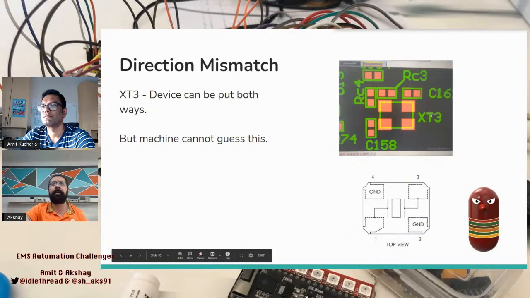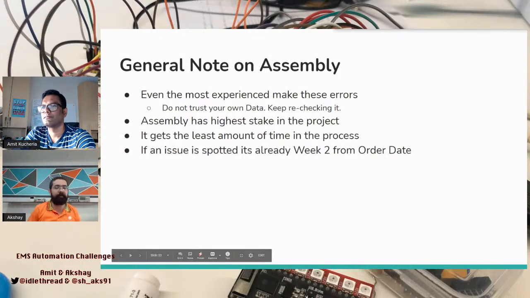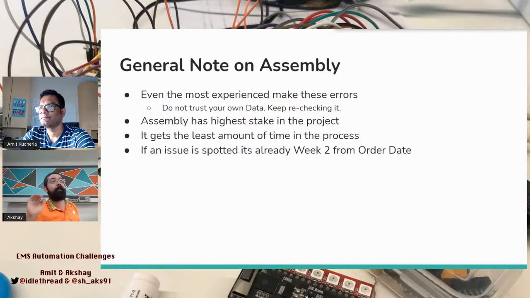So let's just move on to some general notes about assembly. Everyone, and I mean everyone, even the most experienced, have a tendency to make errors. So do not trust your own data. Keep rechecking it. Make sure you give the right data. Assembly is the highest stake of the whole product, and it's the last step.